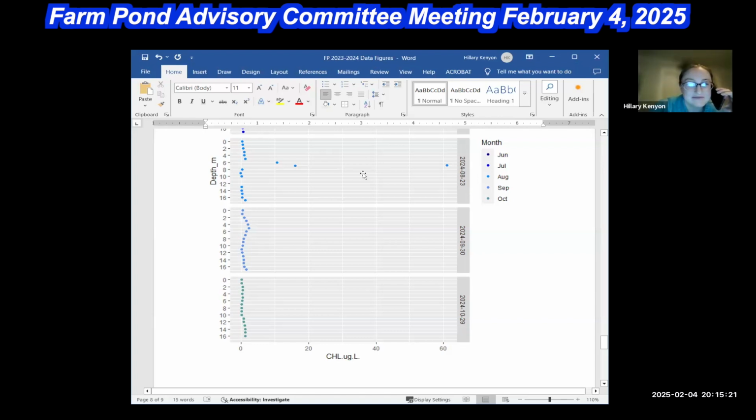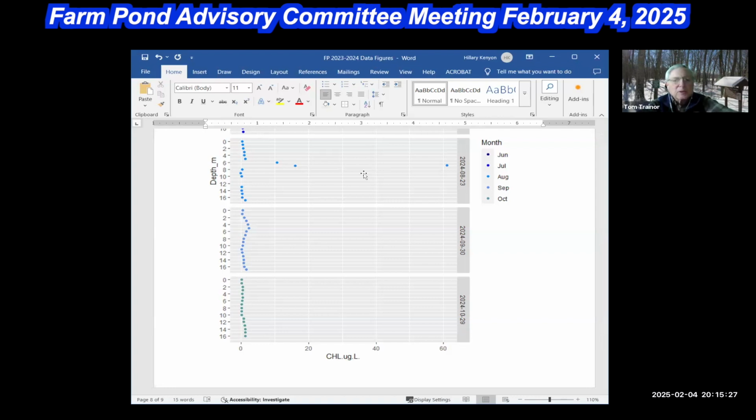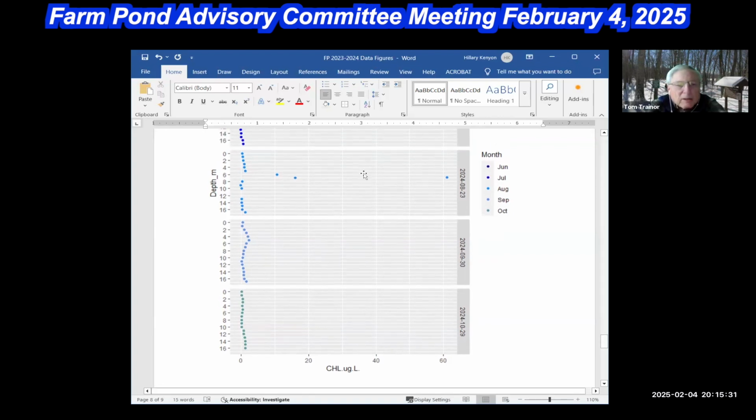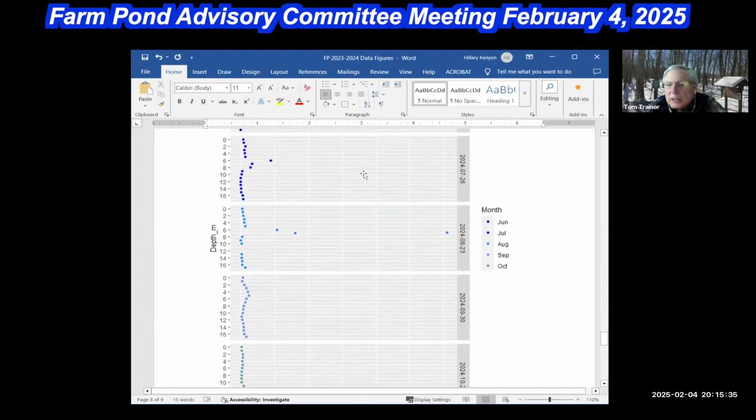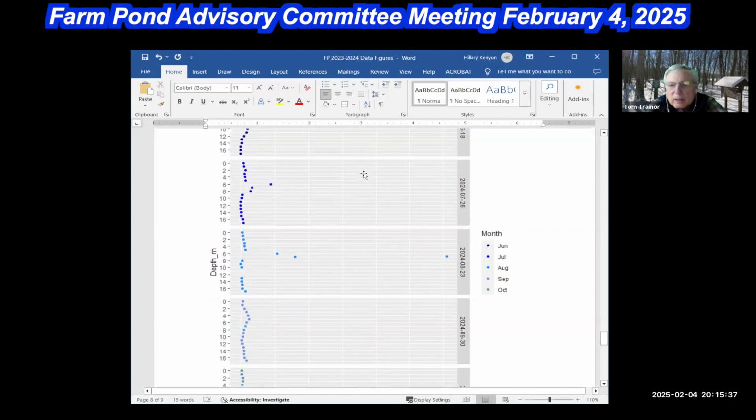What did you think of the general baseline trend of the chlorophyll? How are those levels? I assume they're quite low. Are we nice and low for chlorophyll in the well?